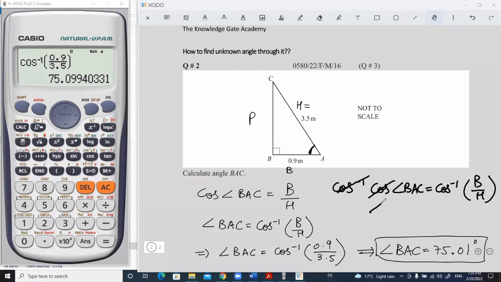So angle BAC has been made the subject like this. So we can skip the earlier step, just do this step, and go ahead in our questions.